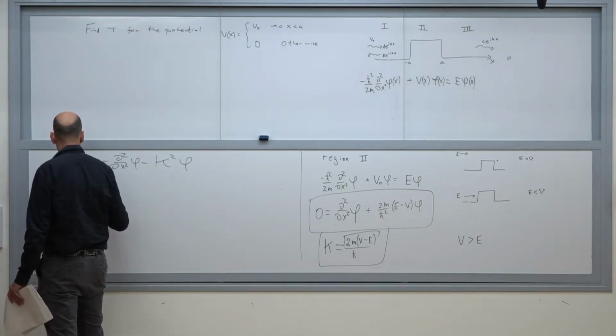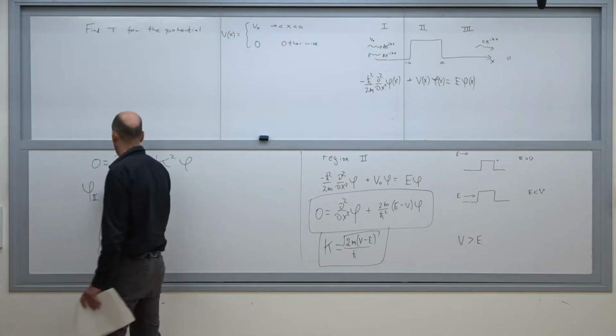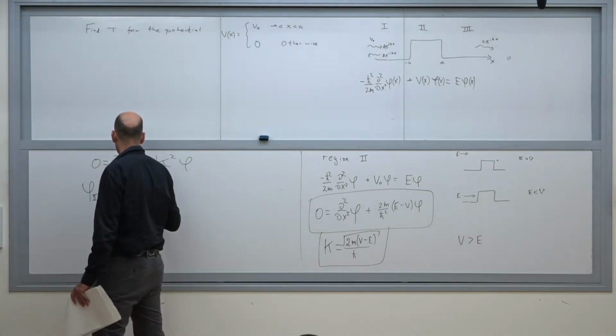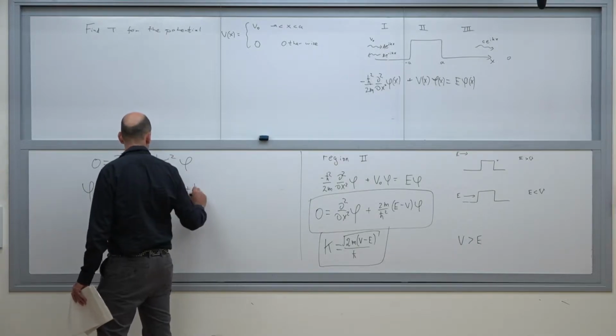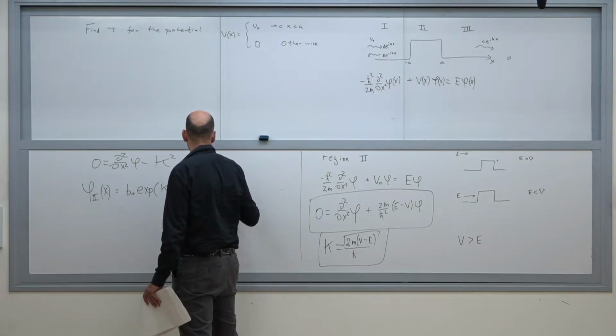So phi in region 2 of x is equal to b plus exponential kappa x plus b minus exponential minus kappa x.